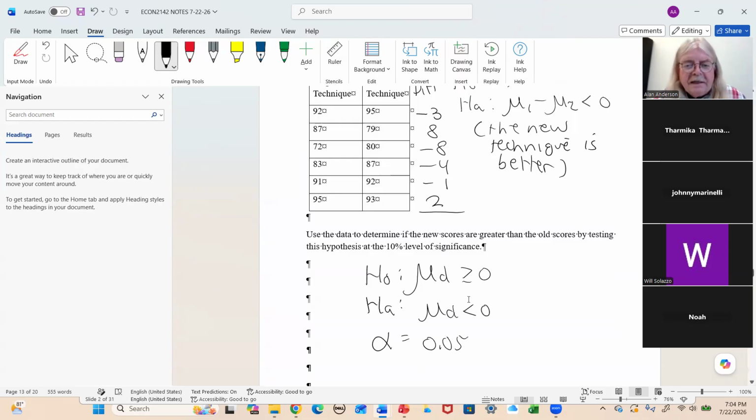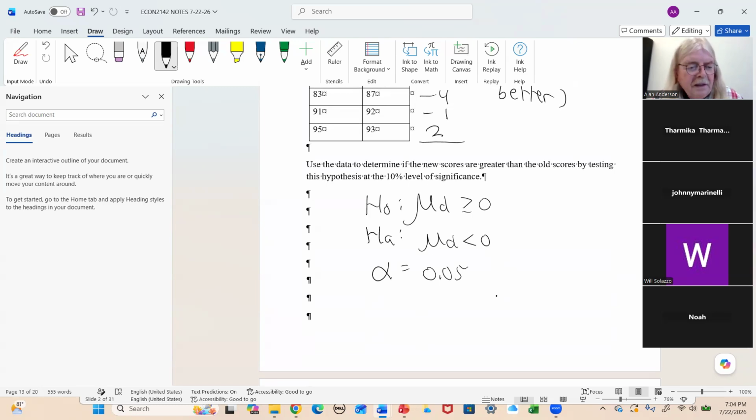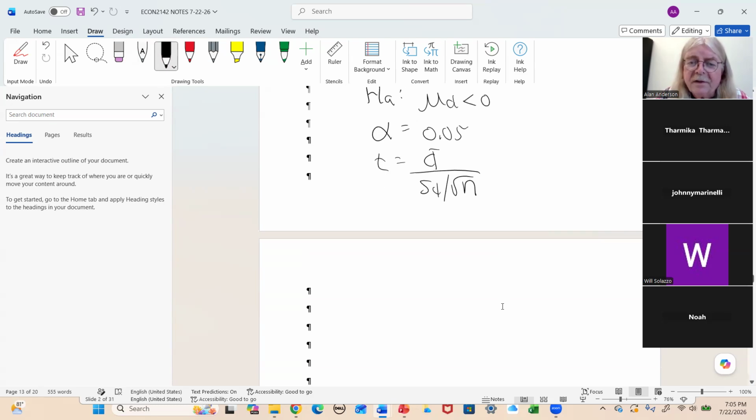So the test statistic. You may remember that we decided that our best bet here is to use the calculator to help us out. So let's do that. Yeah, we could do this ourselves, but it would be kind of a nuisance.